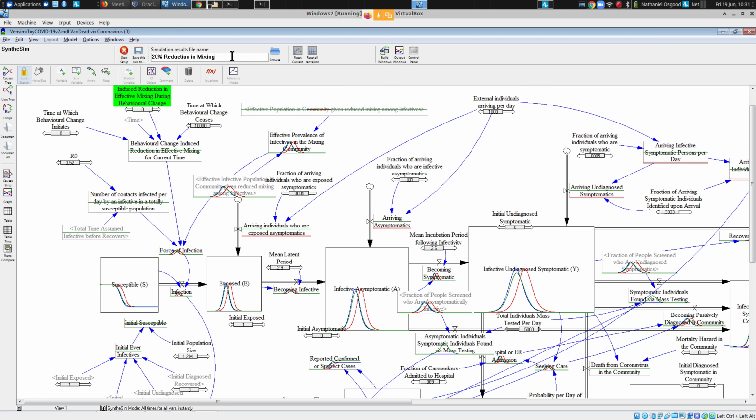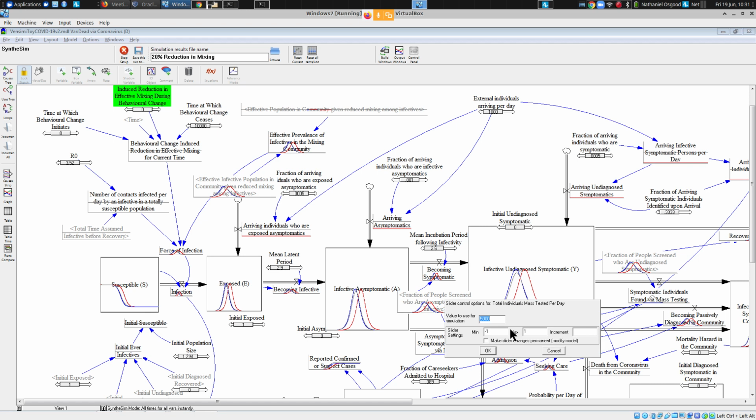That's going to be how we operationalize limitations of contact patterns associated with social distancing. I am going to compare apples with apples, compare this with the baseline and with the other scenarios in and of themselves. I'm going to go down to how many individuals are mass tested per day, and change it back to 0, its original value. Okay.